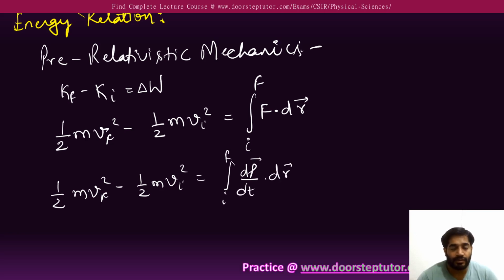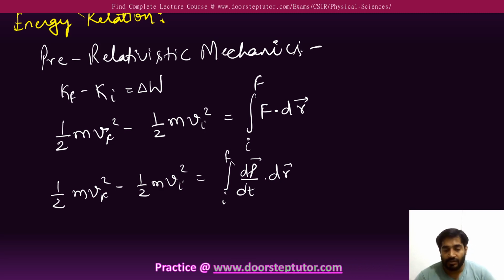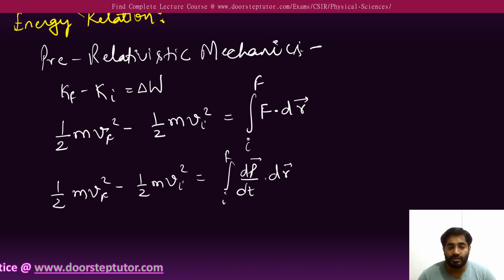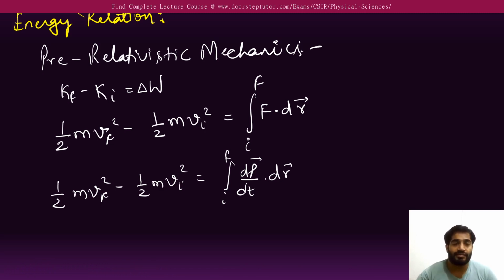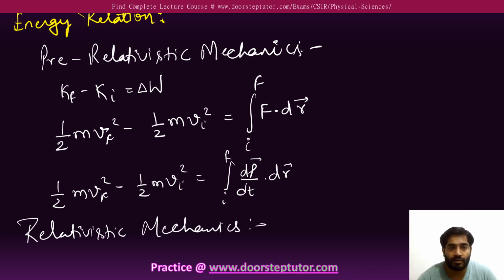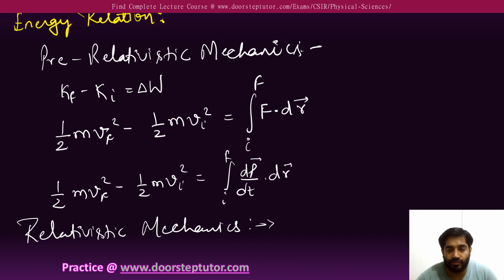Now this is a rate of change of momentum, but we are here for relativistic mechanics, so we move from pre-relativistic mechanics to relativistic mechanics. I want to change one thing only.